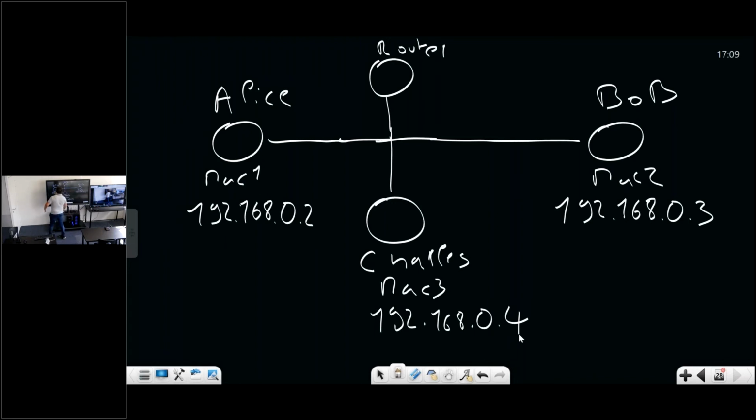And you will see the router will take an address that we're gonna call 192.168.0.254. That is its own address.